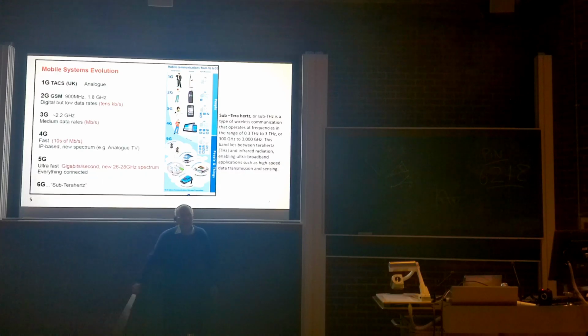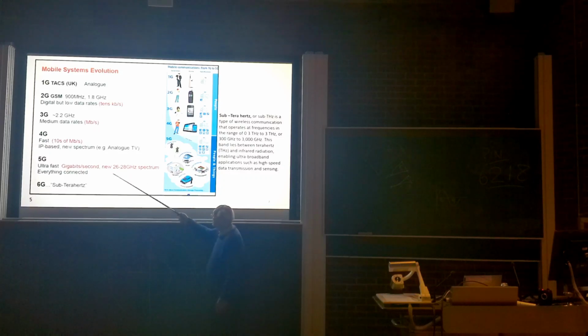Now 5G is a big step in terms of speed. It says ultra fast, so that's tens of megabits, so gigabits is 100 times, but that was tens of, so this 5G is better by a factor of 100 in terms of what you can do on that.